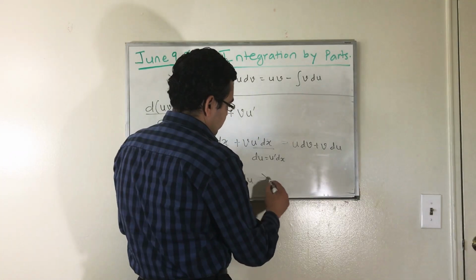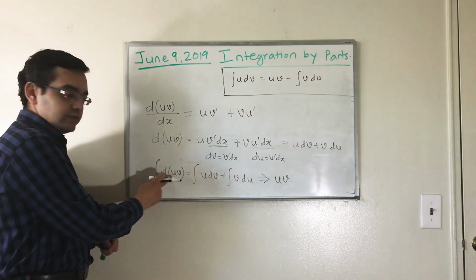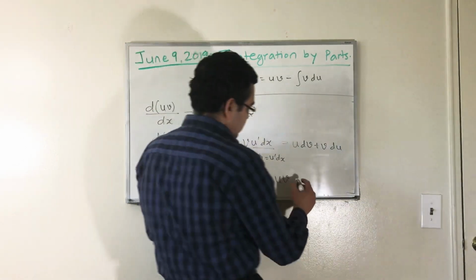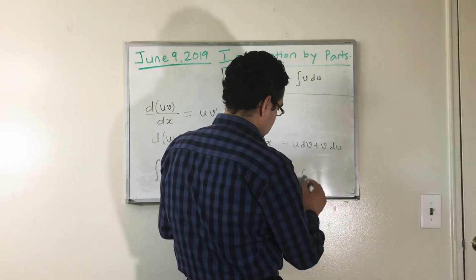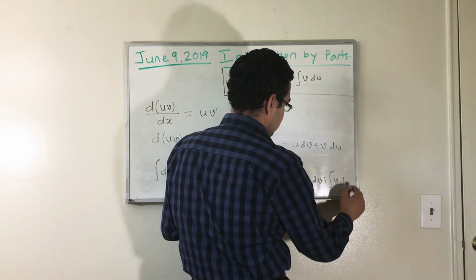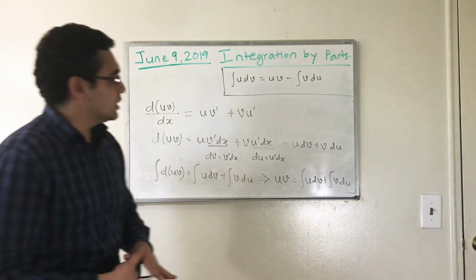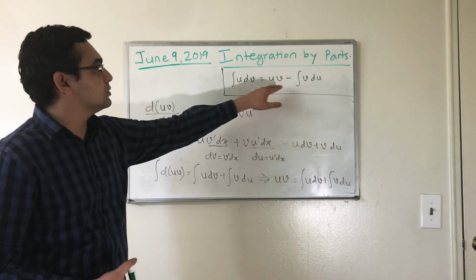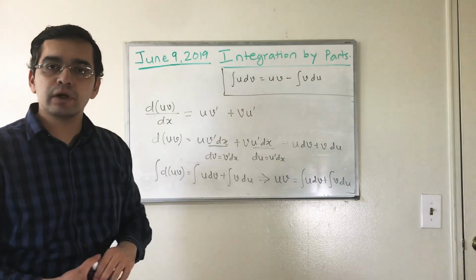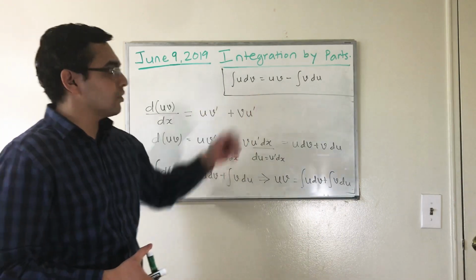And integral of d of uv is just uv. So uv is equal to integral u dv plus integral v du. All you need to do is rearrange these terms and you will get the formula for integration by parts. So this is a very simple derivation for the formula.